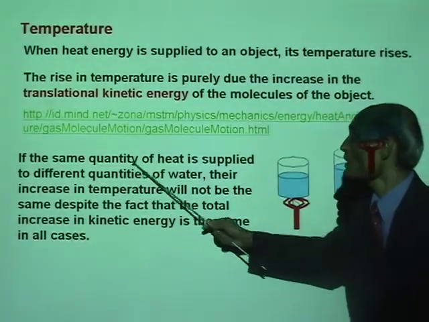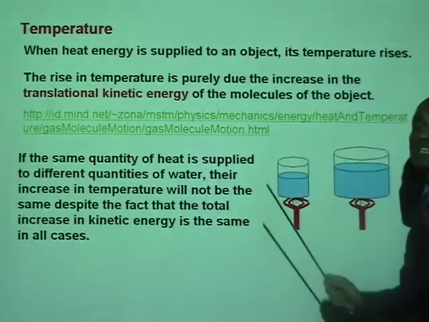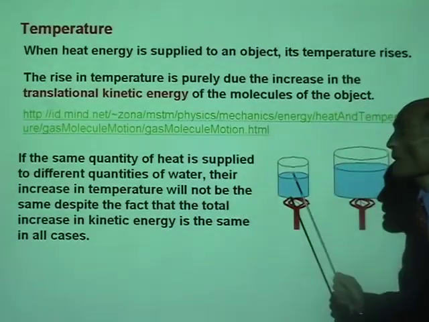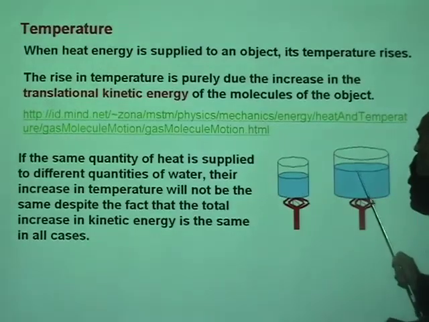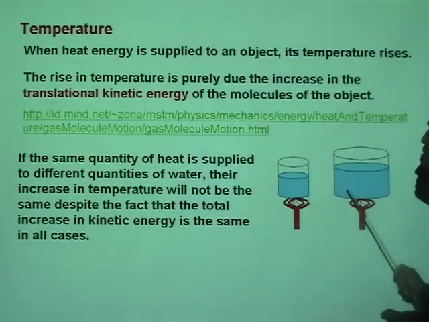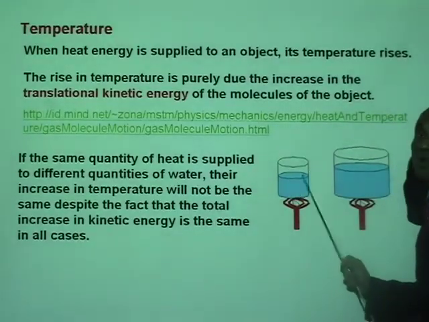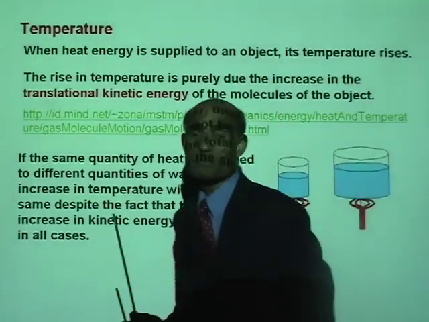If the same quantity of heat is supplied to different quantities of water, the increase in temperature will not be the same. Is that right? If I keep thermometers in both of these, I'm supplying the same quantity of heat to the amount of water in the small beaker and also the amount of water in the big beaker.